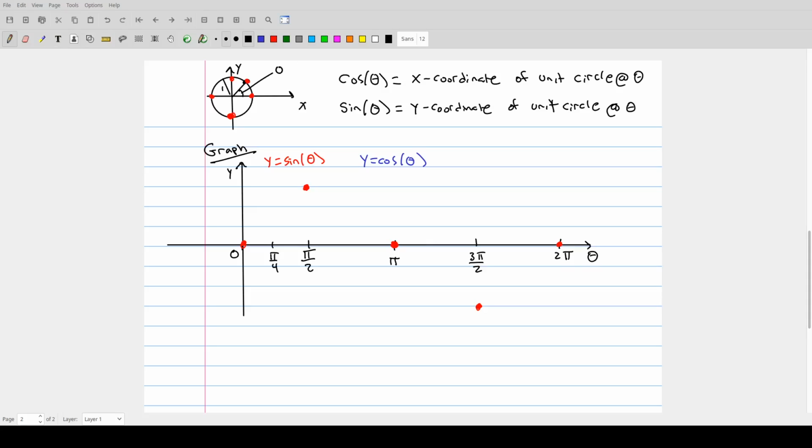So here theta is pi over 4. And you can see hopefully from the picture that sine is equal to cosine at that point, or the x coordinate and the y coordinate are the same at that point, because it's a 45, 45, 90 degree triangle if you make this triangle a little bit bigger. So what that tells you is that cosine of pi over 4 is in fact equal to sine of pi over 4.